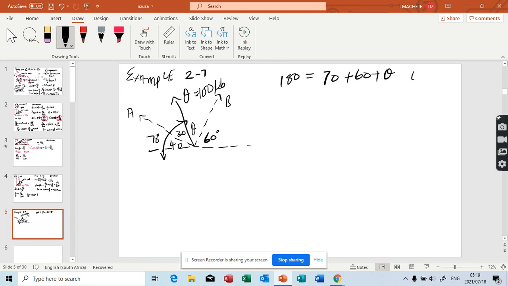Then you make theta the subject of the formula. 70 plus 60 is 130, and 180 minus 130 gives 50 degrees there. And then the question says find the components of Q force for the system of A and B.